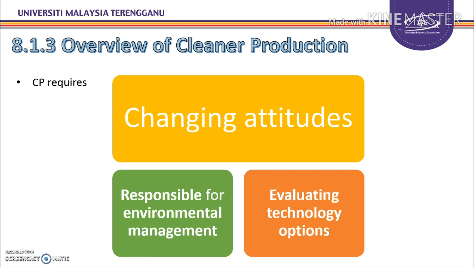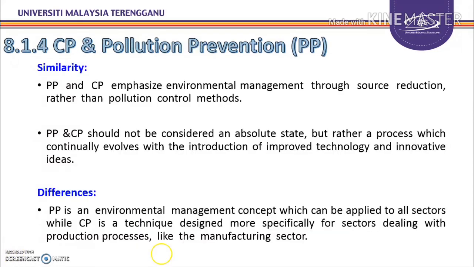So later on, as an environmental officer, you need to inculcate the attitudes in top management, convincing them so that they will be responsible for the environment, and then they can start to think about what technology option to implement cleaner production in their company.